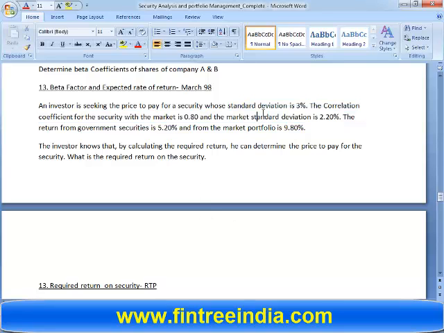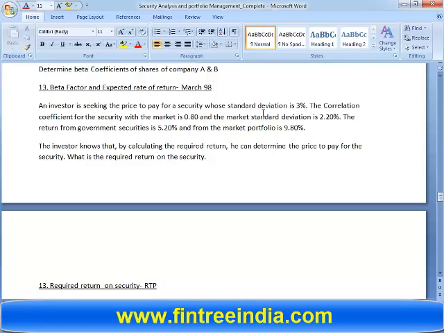That beta for the risky security can be calculated using following formula.